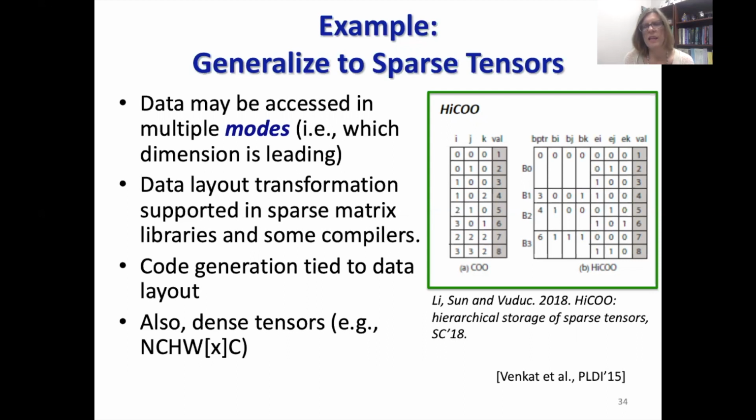So I want to take a little bit of a deeper look at generalizing this approach to sparse tensors. I use the phrase sparse tensors, but a lot of the research in this area has been done on sparse matrix computations. In a sparse matrix, you only want to store the values of the matrix that are non-zero.